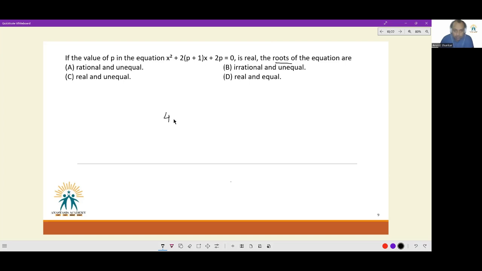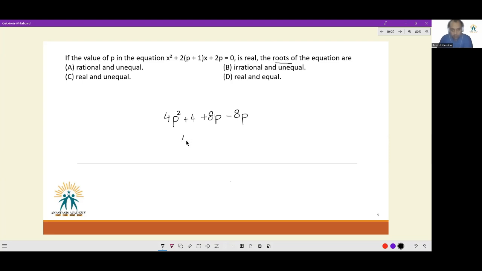We get 4 times 4P square plus 4 plus 2 into 2P, minus 8P. This is the expression that we will get.